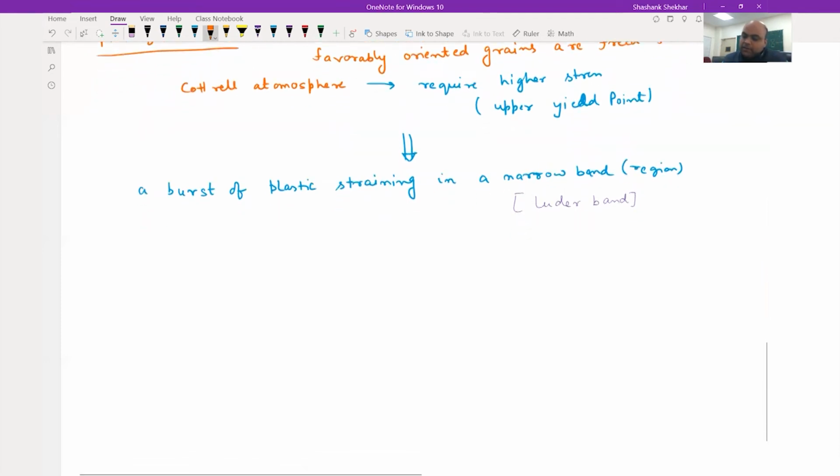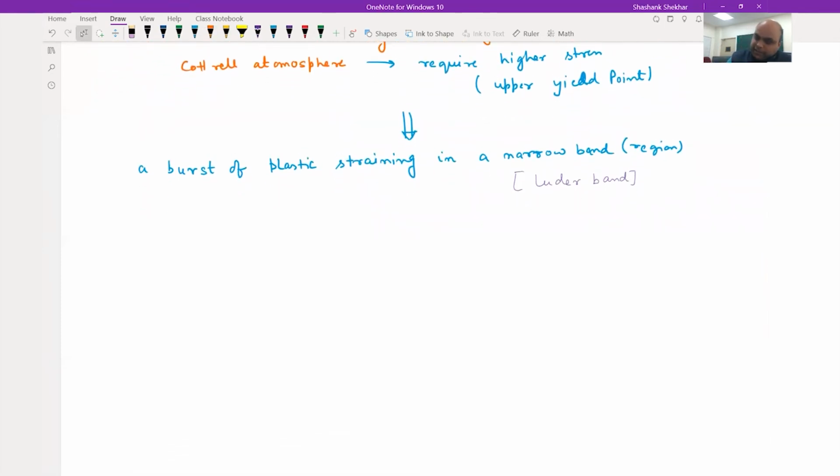So let me draw a sample so that you can understand it better. So suppose you have a dog bone sample and you are doing tensile test. Some set of grains will be favorably oriented towards the tensile axis. That means they have higher Schmid factor. So those sort of grains will be activating first, and the dislocations are going to be freed from the Cottrell atmosphere.